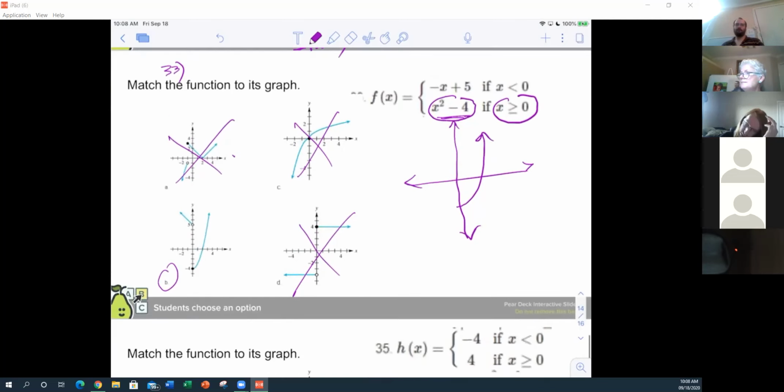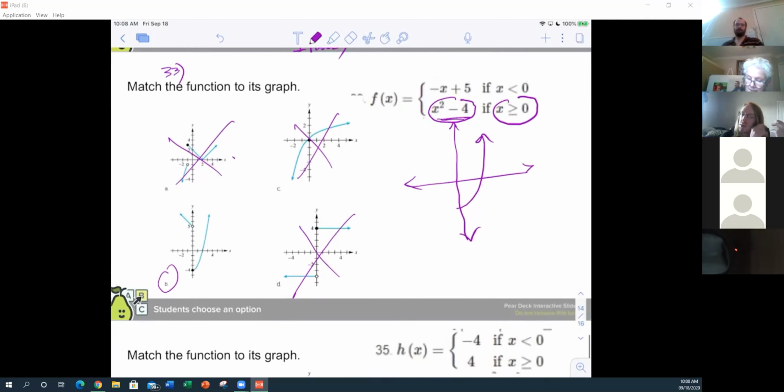So just for grins, the negative x plus 5 when x is less than 0. If you pick numbers less than 0, like -1, -2, -3, and I'm going to go ahead and pick 0 too, but we know it's less than 0, so that's going to be an open dot. If I put 0 in there, I would get 5.